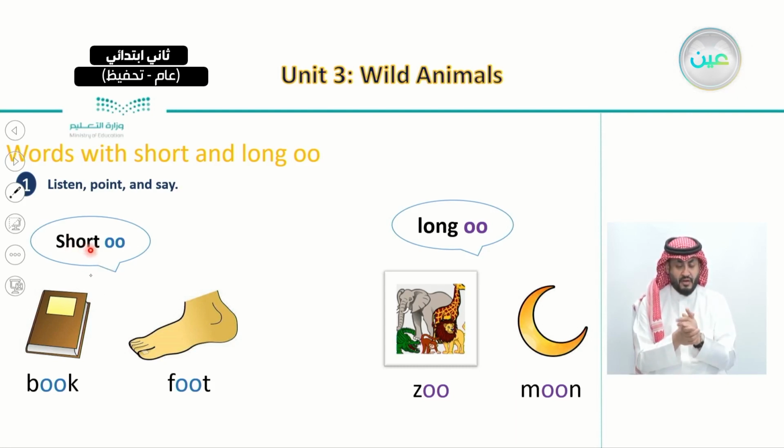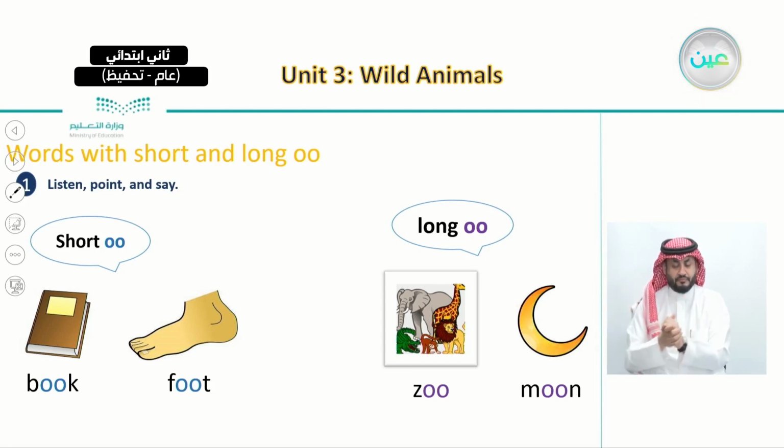So with short O's, words like book, book, book, and foot, foot, foot. Excellent. And words with long double O's are zoo, zoo, zoo, and moon, moon, moon.